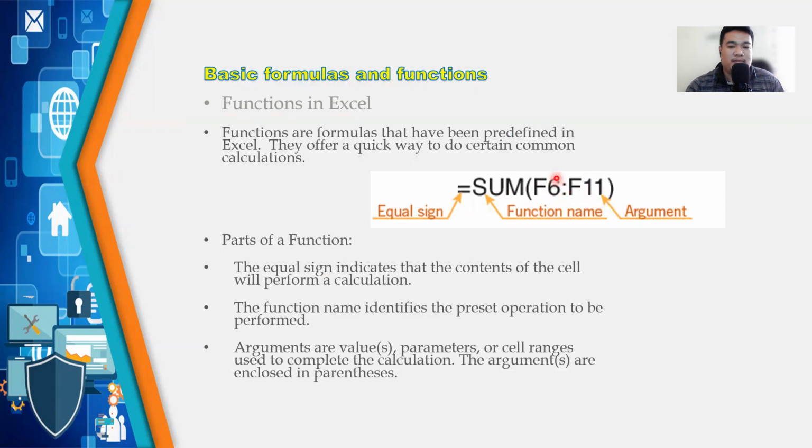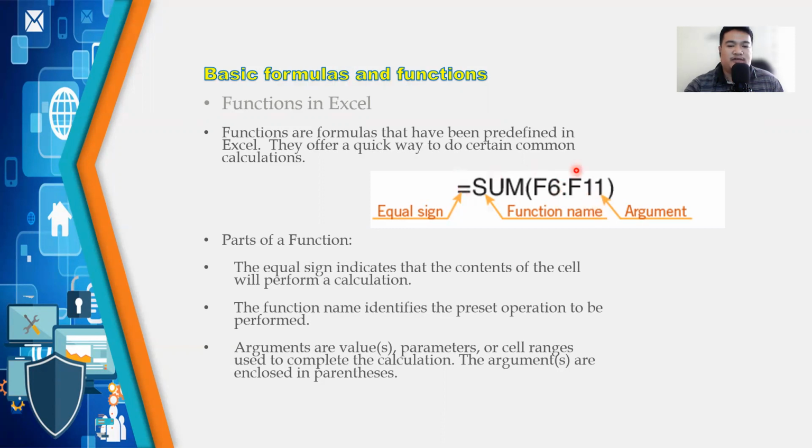Yan, nakikita natin dito yung parang example natin noon, yung adjacent cell, di ba? And then yung range of cells, yung example natin before, colon ito. So ibig sabihin, it is a range of cell or cells.